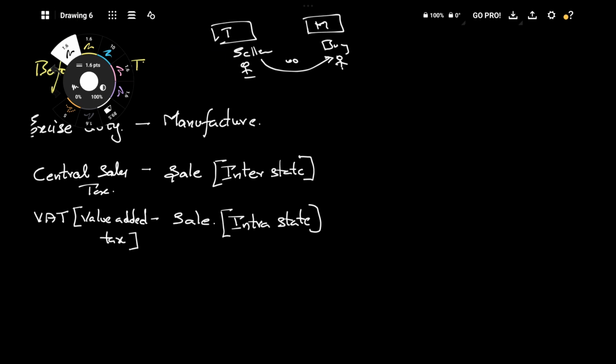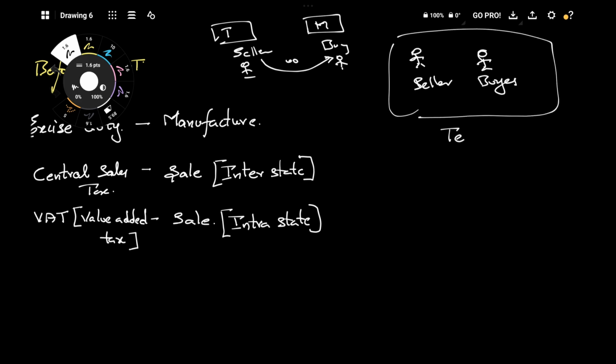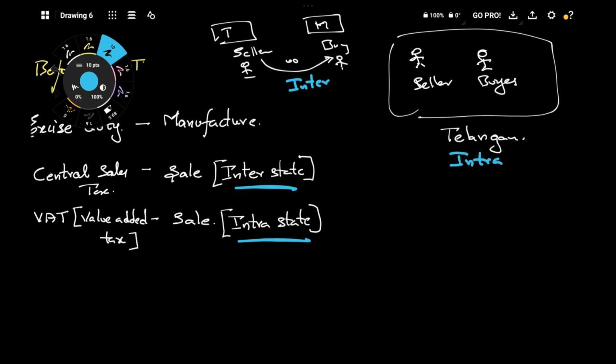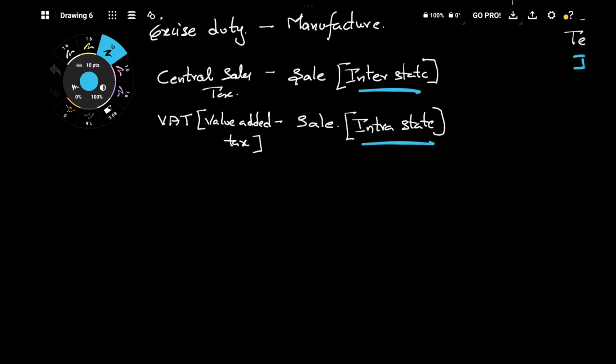Means the seller and the buyer are both in Telangana state. Sale is happening within the state, so it will be called intrastate. That's intra and this is inter. I hope you will remember this.